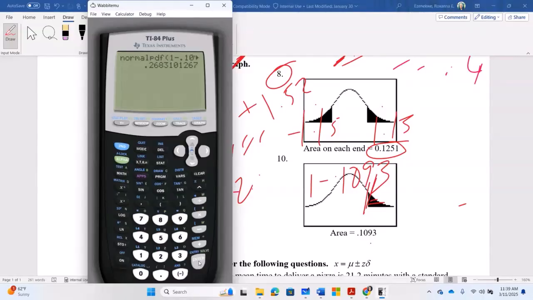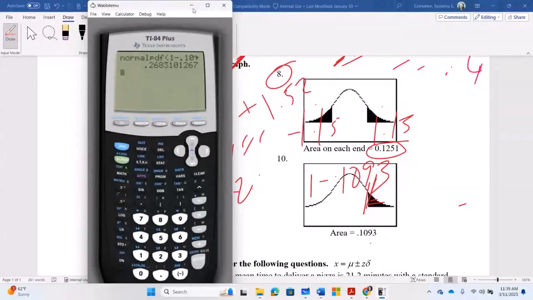Note that that is a Z value, that's not area. So the Z value corresponding to 0.1093 area is 0.2683. That's the Z value. Why is it positive? Because the point is on the right-hand side of the mean.